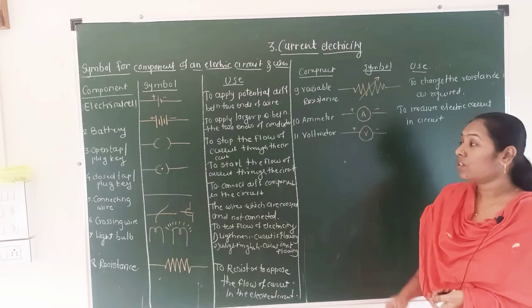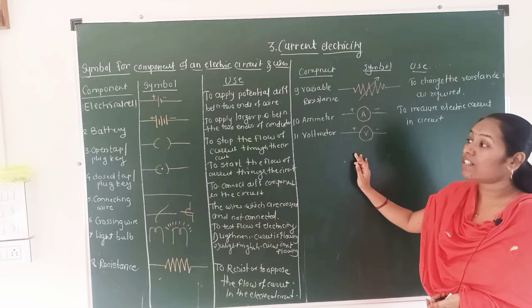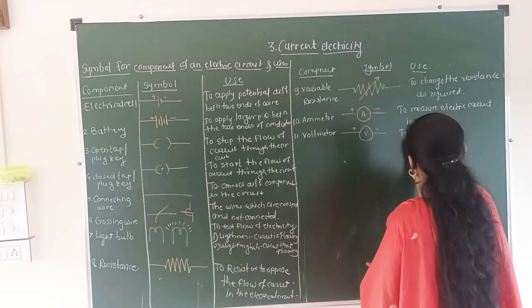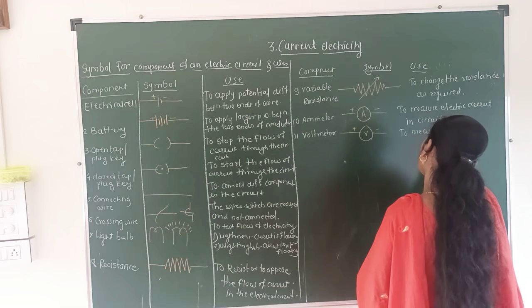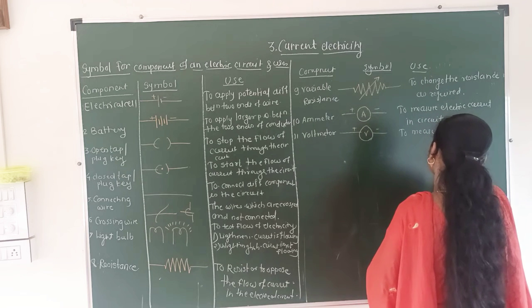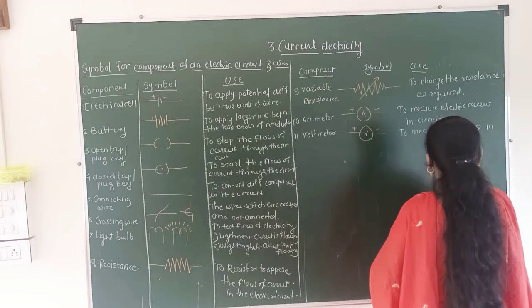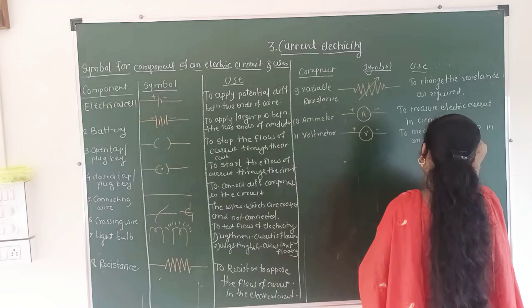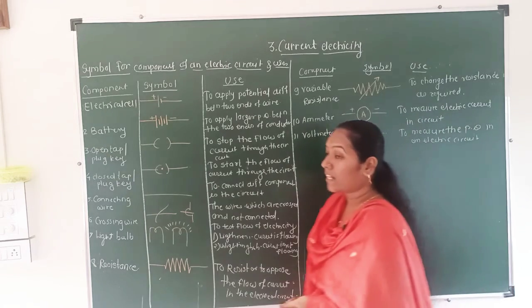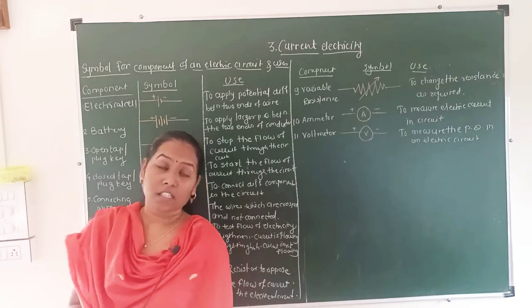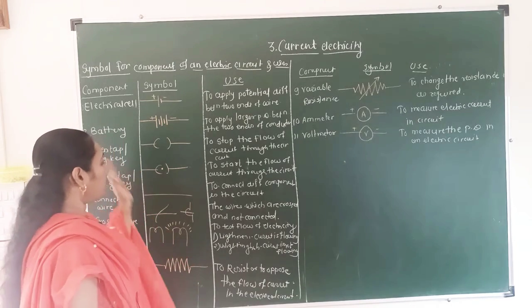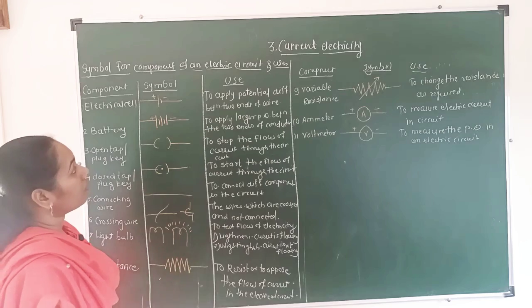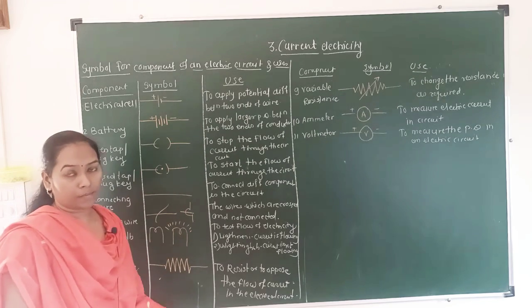Voltmeter is used to measure the potential difference in an electric circuit. Okay, these are the various components used in the electric circuit, and these are the various symbols and uses of the components.